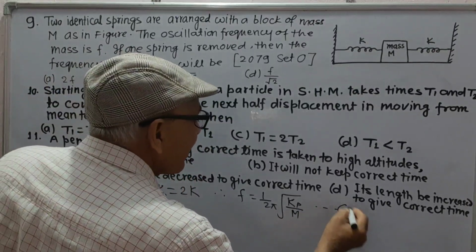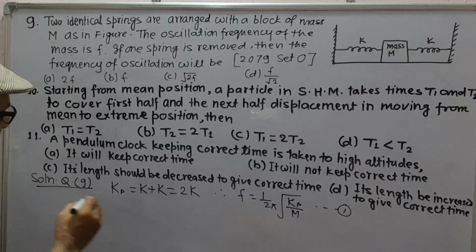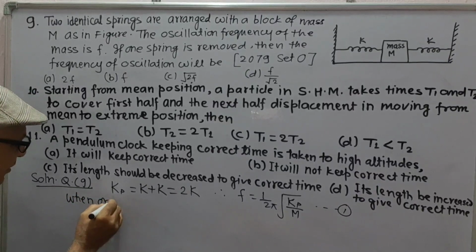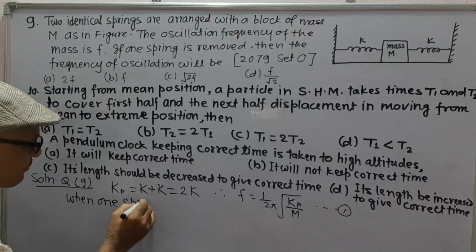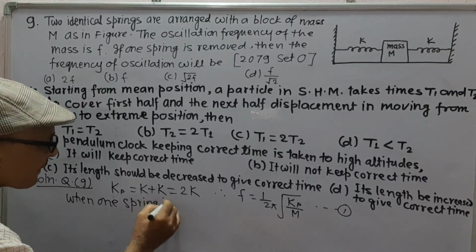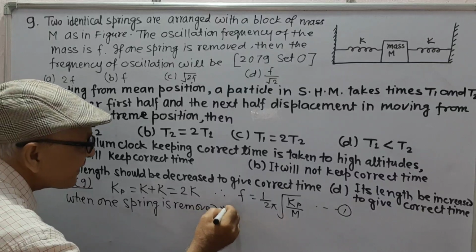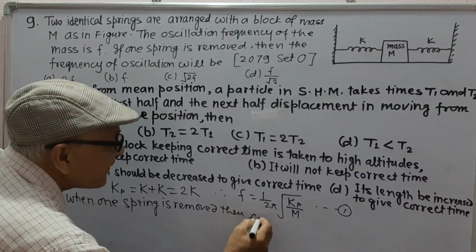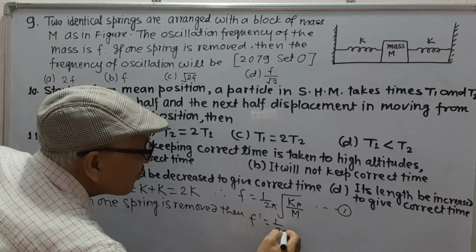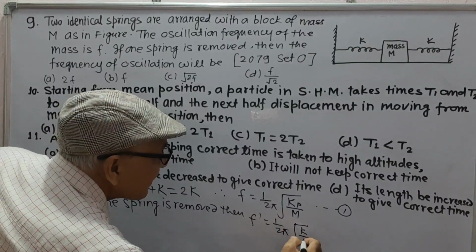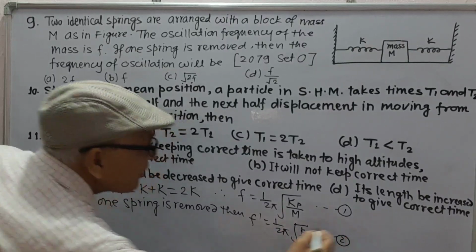Equation 1. When one spring is removed, then f dash will be equal to 1 upon 2 pi under root k upon m. Equation 2.